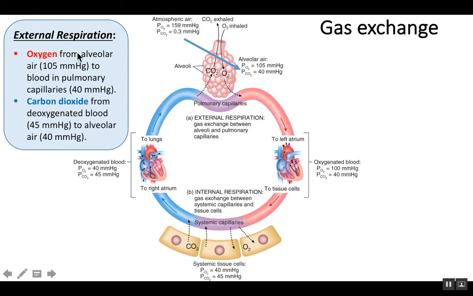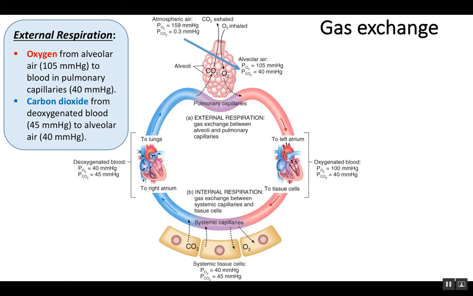So oxygen from the alveolar air, which is at 105 millimeters mercury, diffuses into the blood in the pulmonary capillaries because there's a lower amount of oxygen, high to low. Carbon dioxide diffuses the opposite direction. Because there's a larger amount of carbon dioxide in the deoxygenated blood than the alveolar air, carbon dioxide is going to diffuse out of the blood into the alveolar air.